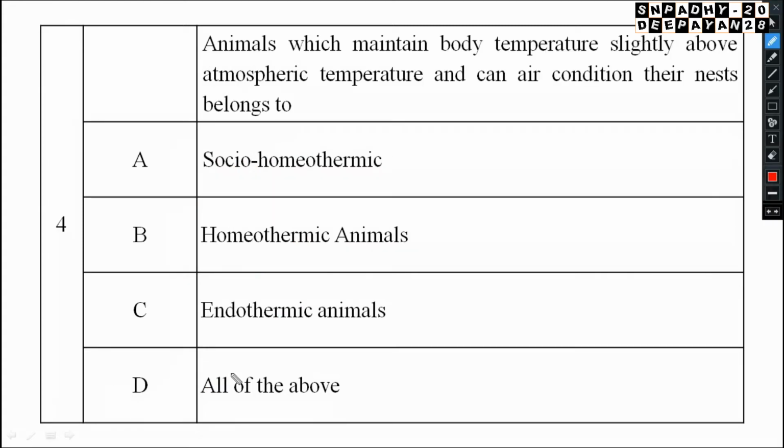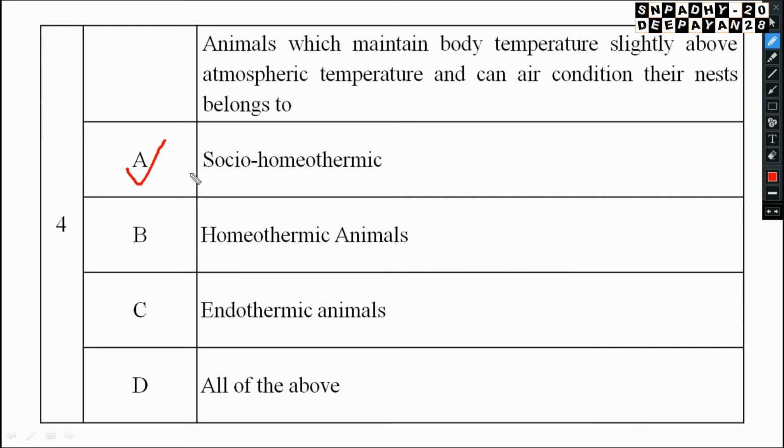Then the fourth question: animals which maintain body temperature slightly above their atmospheric temperature belong to which group? The answer is socio-homeothermic animals.